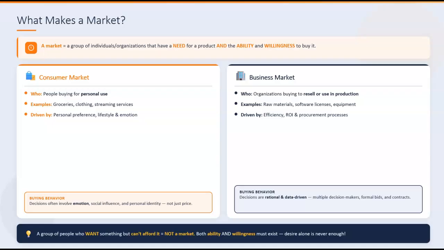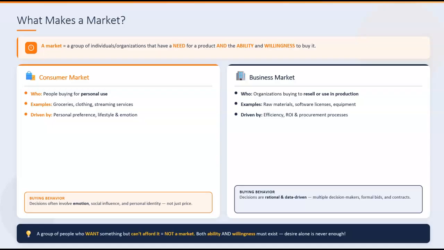In a business market, like we just finished talking about in our business buying behavior module, these are organizations who buy to resell or use in production: raw materials, software licenses, equipment. It is driven by efficiency, return on investment, which is ROI, and procurement processes.